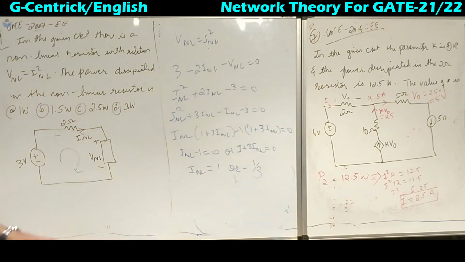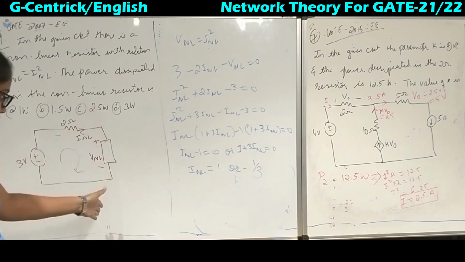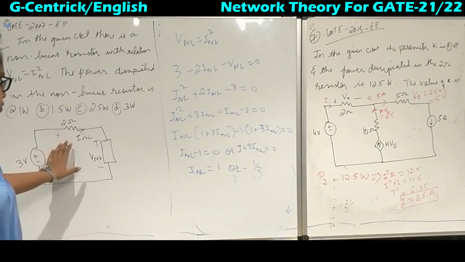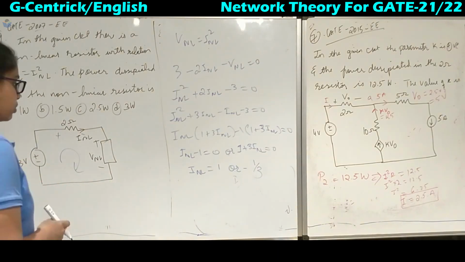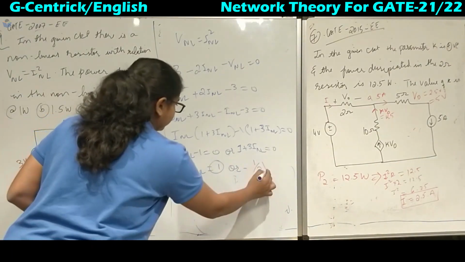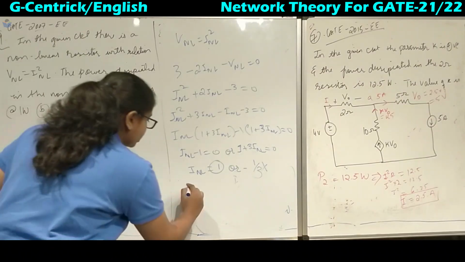Now it is a passive element, and the current is flowing in the passive element, so the value should be positive. So we will take the positive value and ignore the other one. What is the power across it?